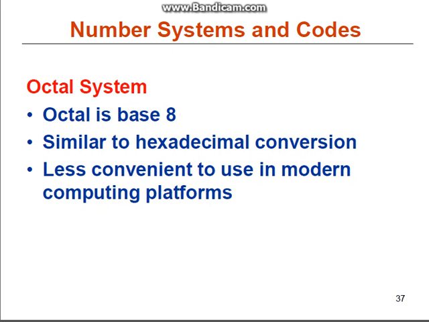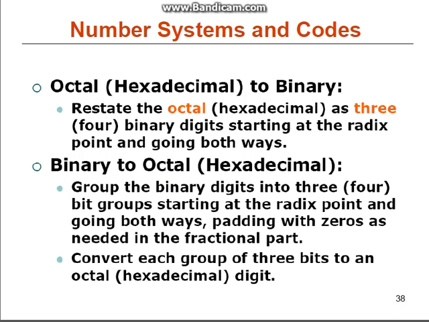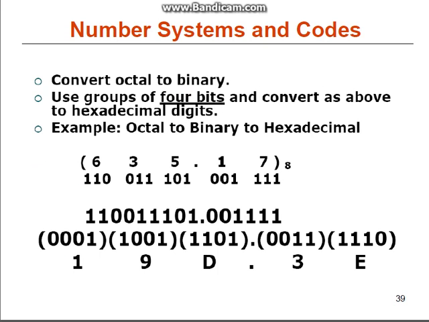Now we go with octal system. Octal is the same, but we see a direct relation between binary and hexadecimal. So for octal, just the same, but instead of 4 binary digits, it becomes 3. You have a look at it over here.